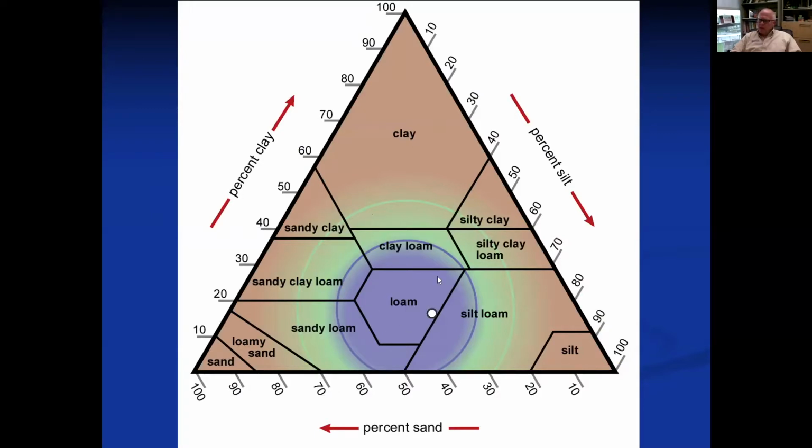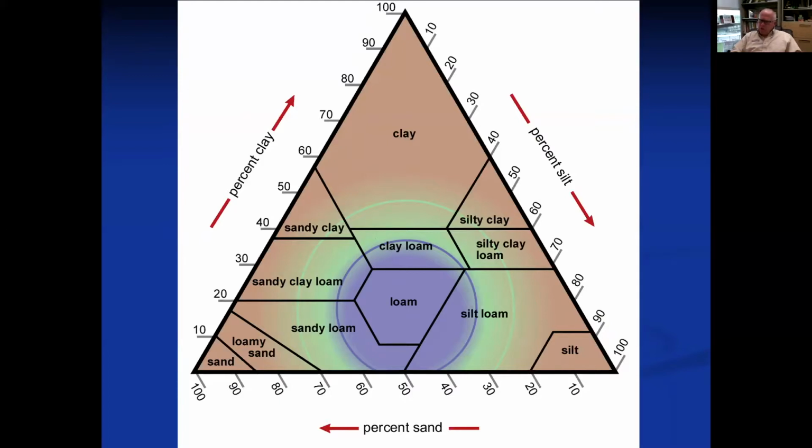Loams in the middle of the mix are those that have kind of a real optimal distribution of sand, silt, and clay in the solid fraction of the soil. So they have a lot of large pores and small pores, and a lot of reactive surface area that comes from the clay and so forth. And these are really the most, in terms of a plant growth medium, the condition which is kind of physically or naturally optimal.